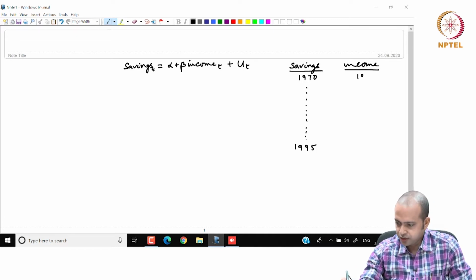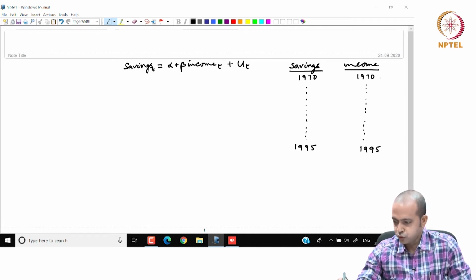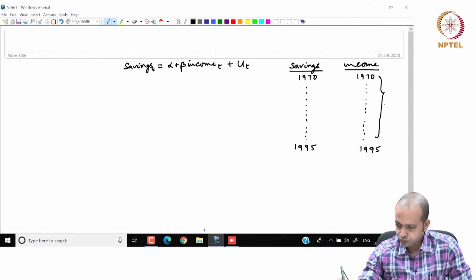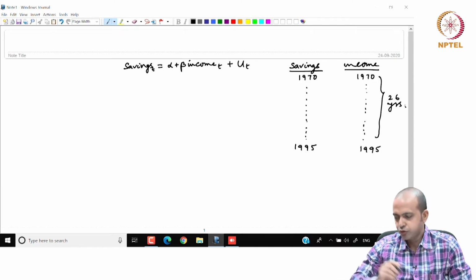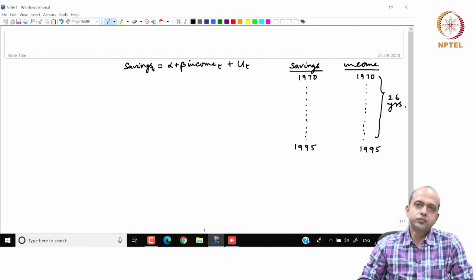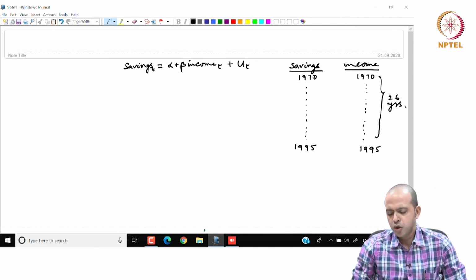Okay, 1970 to 1995. So in total we have 26 years of data on savings and income.